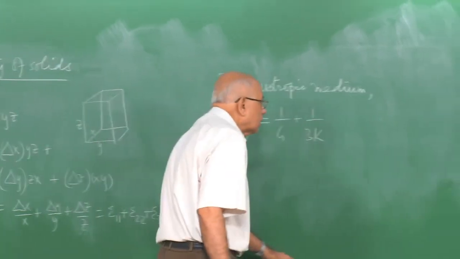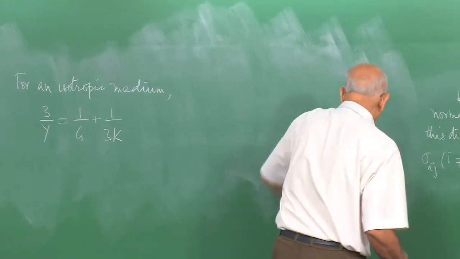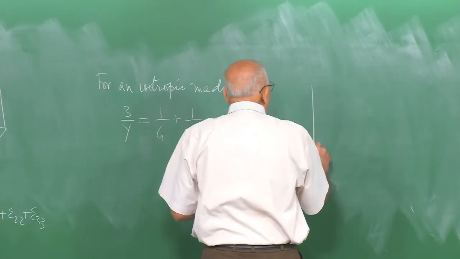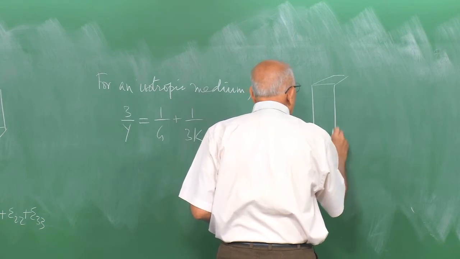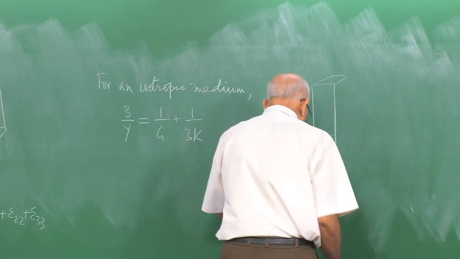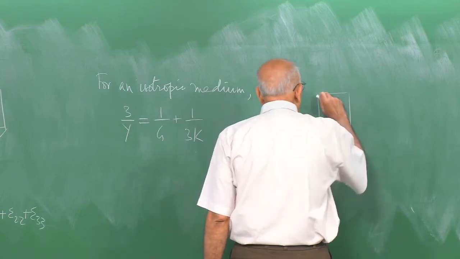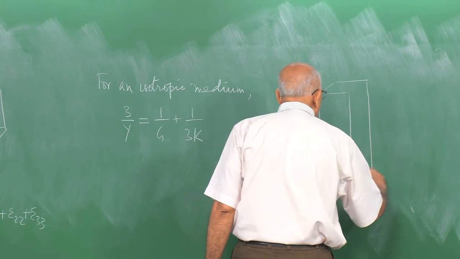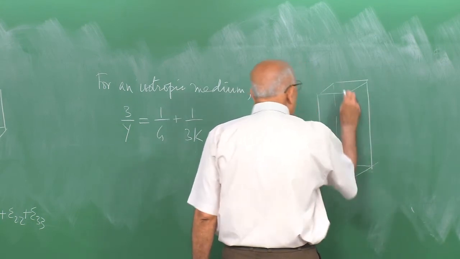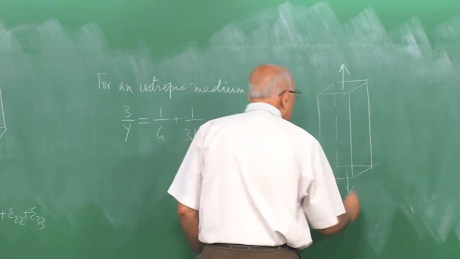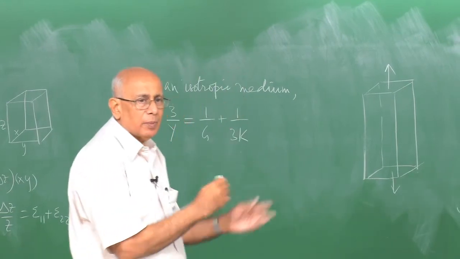And Poisson's ratio is as follows. It says if I take an object like a rod, for example, with a rectangular cross section, let's draw it properly, and pull it in this direction by applying a load, then you know that the lateral directions go inwards, they get compressed inside.